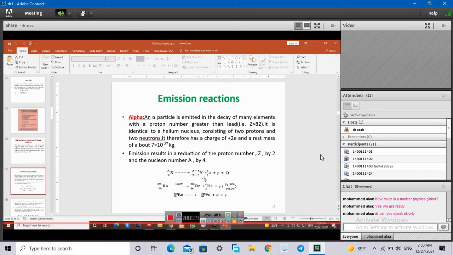And as you can see, alpha particle has 2 charges and has the mass of 4 protons or neutrons. So we can conclude that alpha particle has the highest charge and the highest mass.